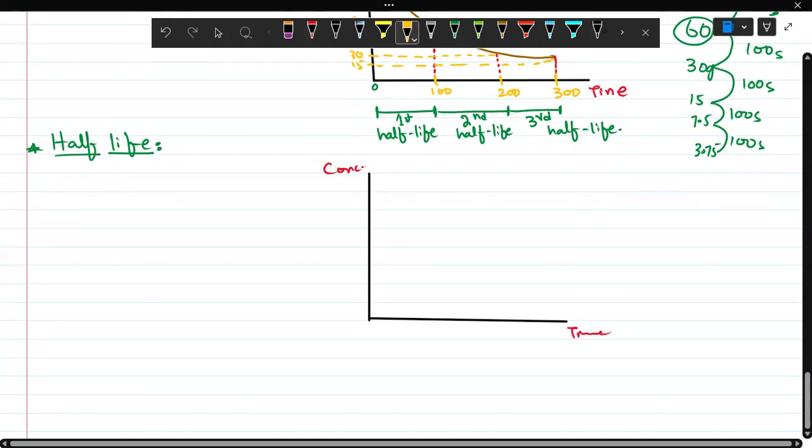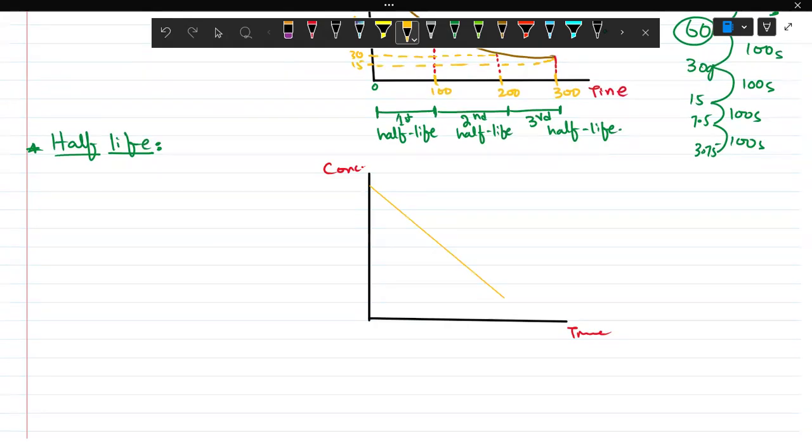If this is the line, if the graph is a straight line with a negative gradient, then the rate of reaction is constant no matter what the concentration of reactant is.